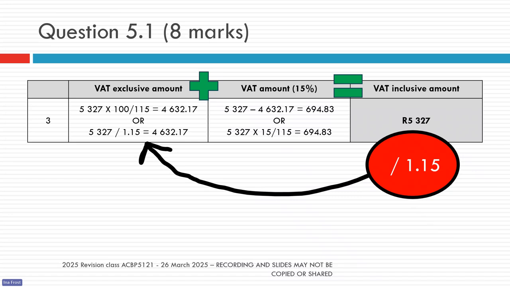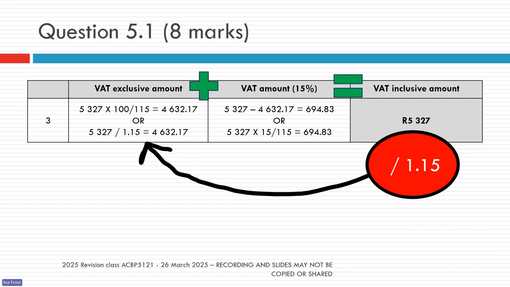So for ease, I started with first calculating the VAT exclusive amount. And there I've given you on the screen two possible formulas. The top one is what you want over what you have, and the bottom one is where we just divide by the 1.15.